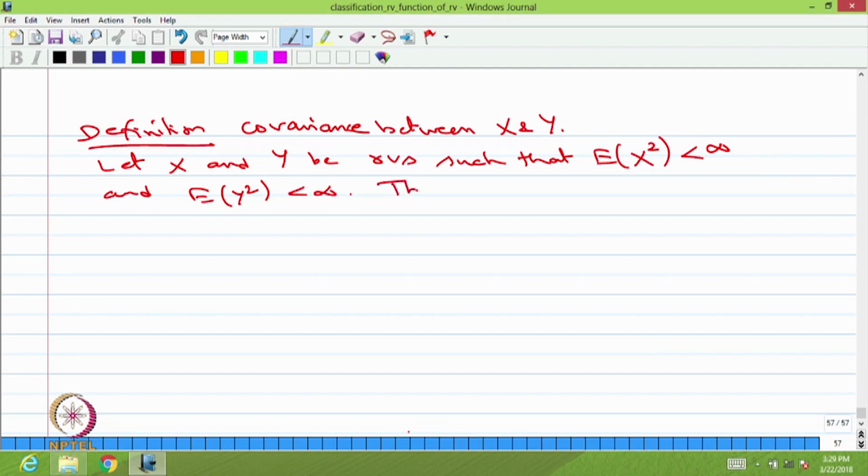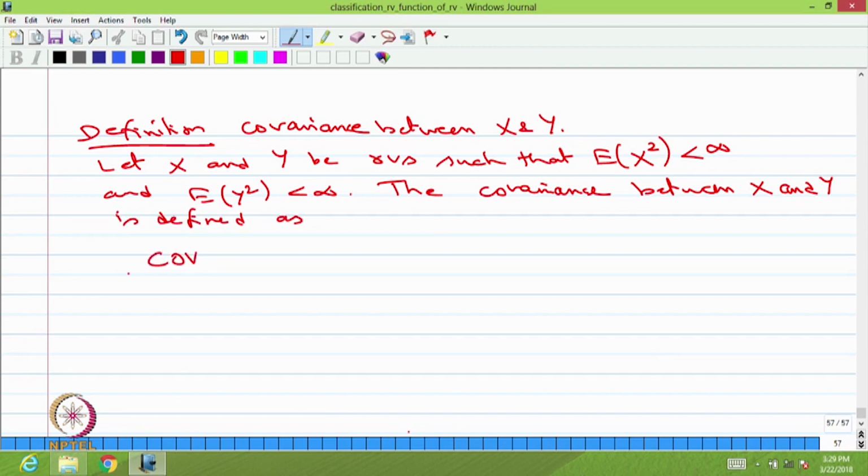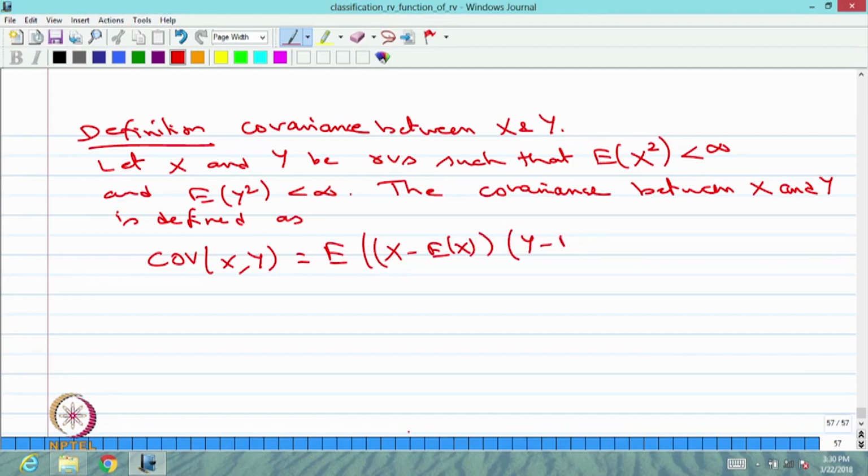Then we can define the covariance between X and Y as Cov(X, Y), that is mu 1,1, the expectation of (X minus expectation of X) multiplied by (Y minus expectation of Y), where expectation of X is the mean of X and expectation of Y is the mean of Y. First you multiply X minus expectation of X with Y minus expectation of Y, then you find the expectation.